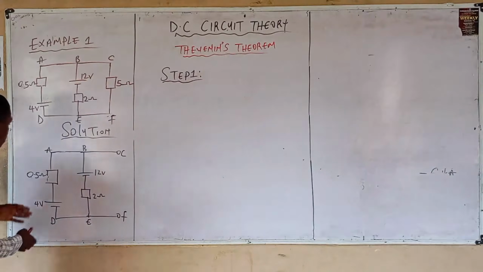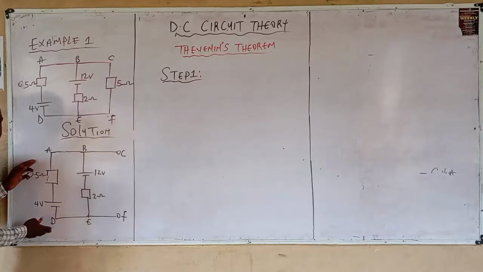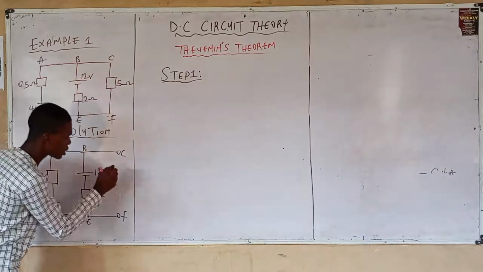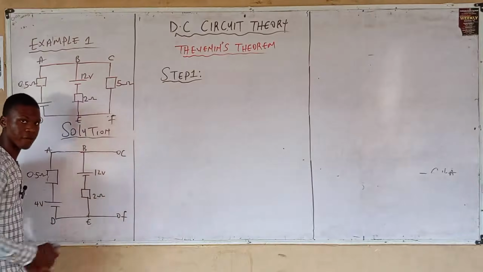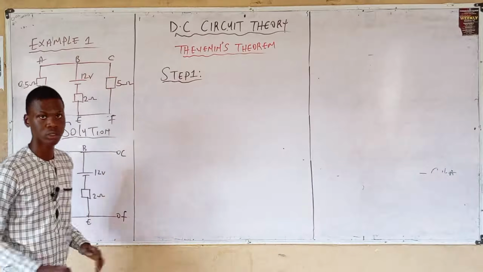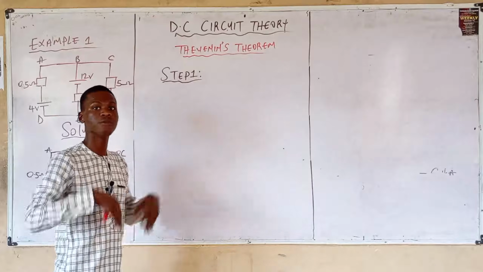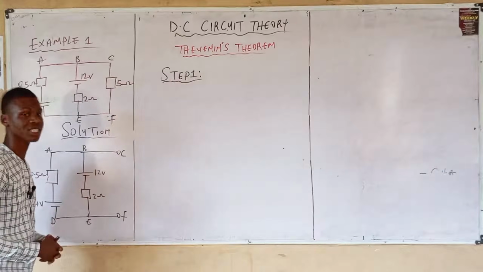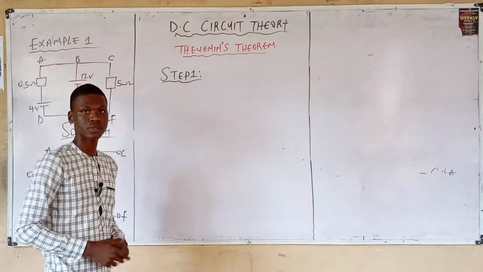Knowing the voltage of branch AD and branch BE, you automatically obtain the voltage of branch CF, which is the 5 ohm resistor.